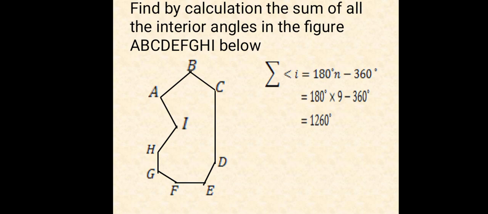Like this object has 9 sides. If you count A, B, C, D, E, F, G, H, I, those are 9 vertices, or if you go by A to B, B to C, it has 9 sides. So n is 9. So 180 multiplied by 9 minus 360, we get that the total sum of all those interior angles is 1260 degrees.